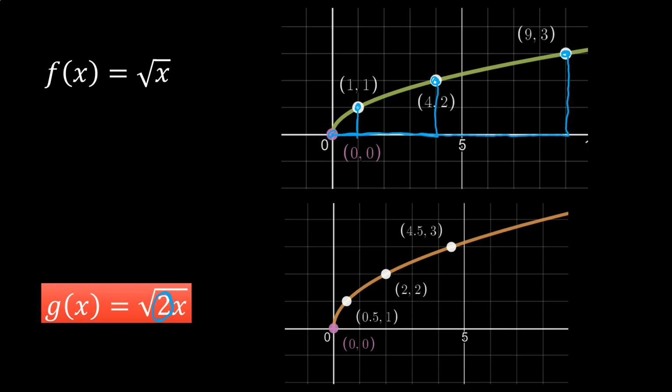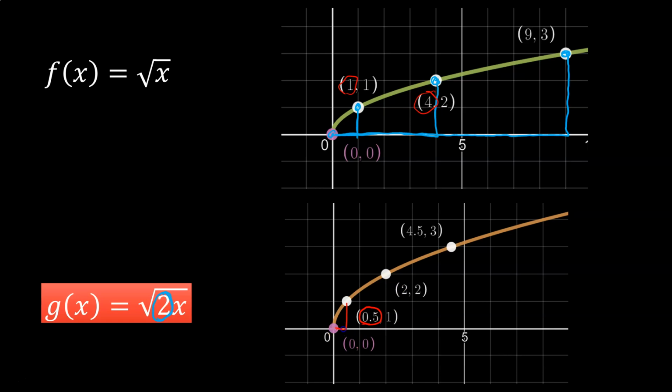Instead of right over 1, up 1, we are only going over 1/2, but the y value stays the same. The x value is half as much. The y value stays the same. Okay, does that work for the next point as well? Normal is over 4 up 2.